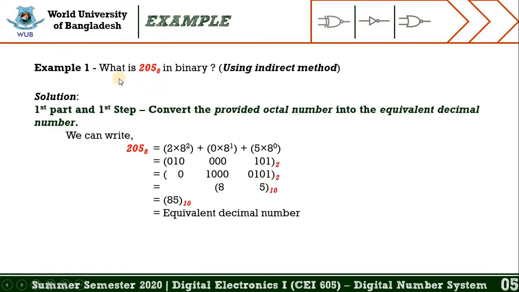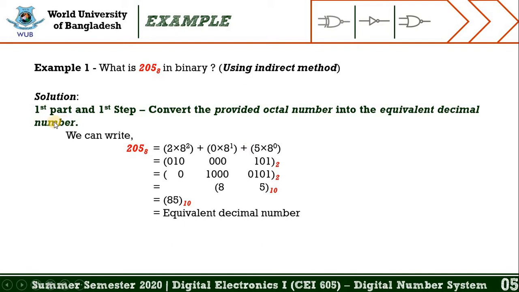This slide represents an example of octal to binary conversion, and this example uses the indirect method to solve the problem. Let's start with the question. In example 1, what is 205 base 8 in binary? We need to calculate the binary equivalent of the given octal number.